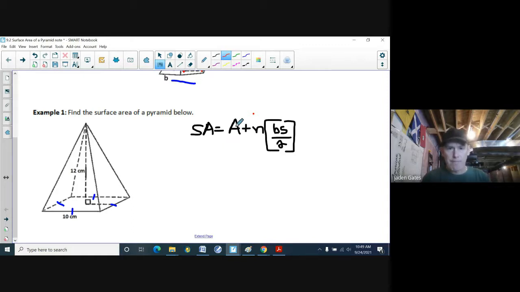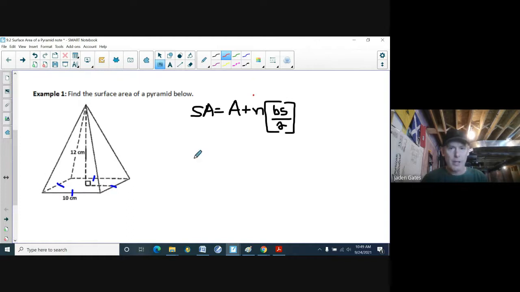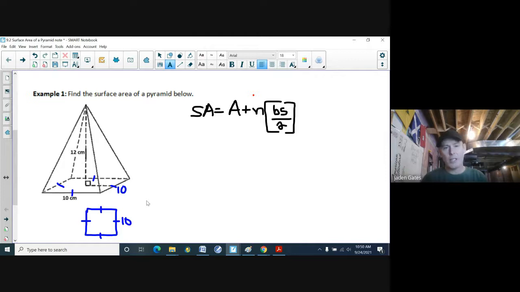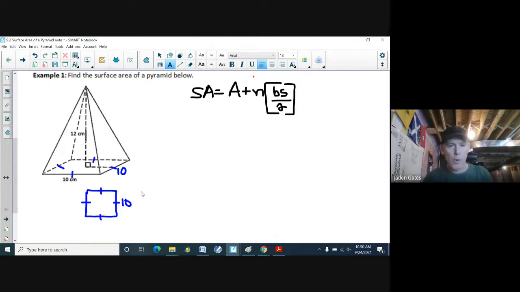First off, area. Now you look at the bottom of our pyramid. We need to find the area, and see how these little tick marks are there? That means each side is the same, which means our base looks like this, like you're looking down at your pyramid. They're all worth 10. In fact, what we have here is a rectangle, which most of you would call a square, but it is a special rectangle.